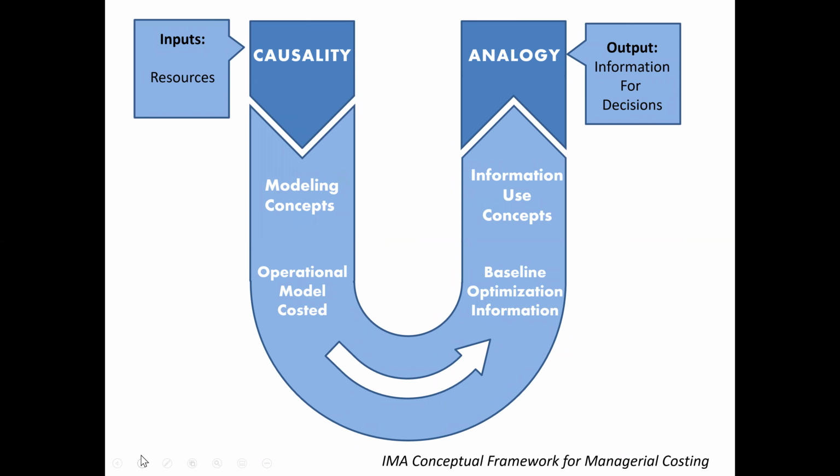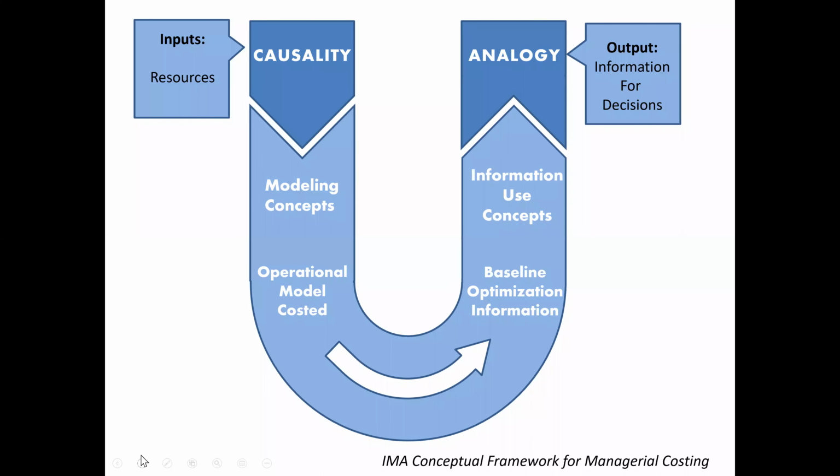The other thing RCA does is it implements the foundational principles for managerial costing, and in saying that, we refer to the IMA's conceptual framework for managerial costing. The IMA framework focuses on causality as a principle and analogy or logical information use as a principle.